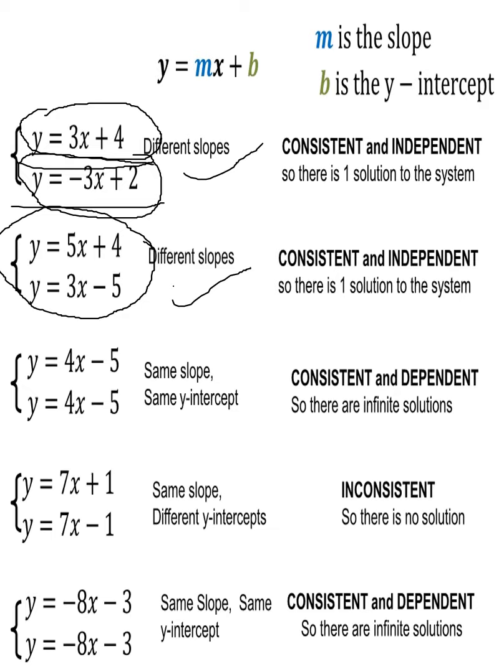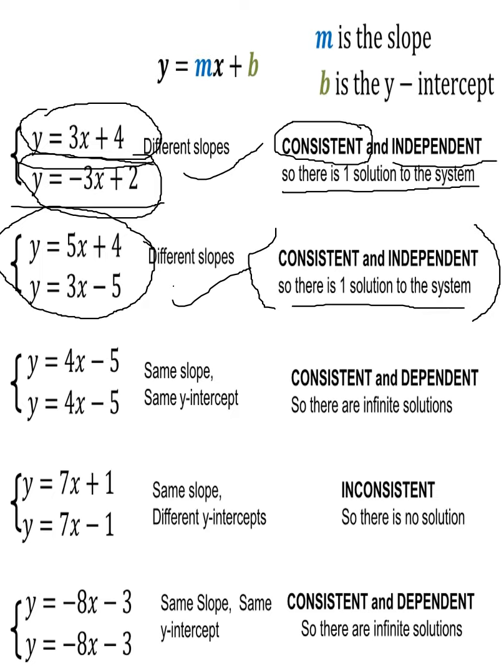So when two different slopes are coming, what we observe is that the pair of equations has one solution. We say that when slopes are different, the pair is consistent and independent.